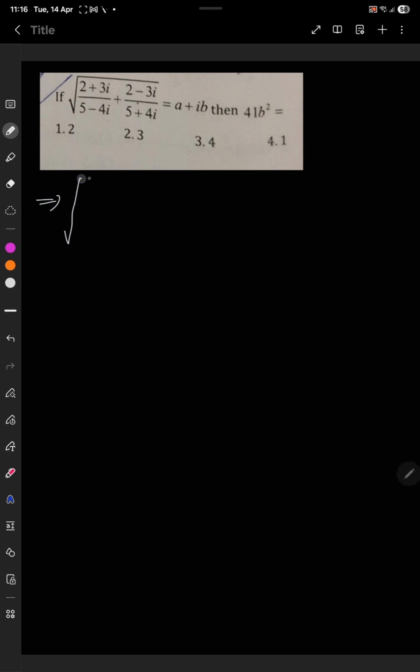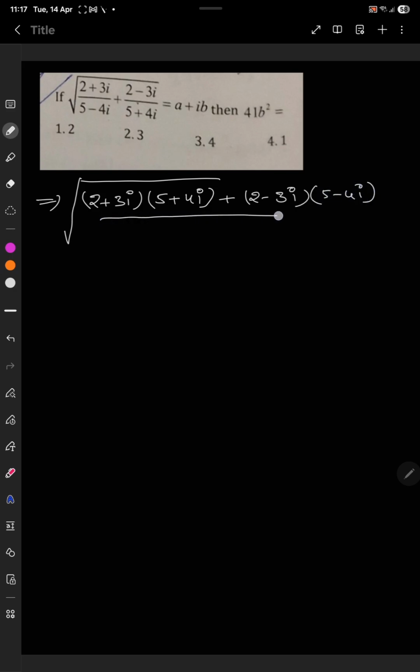So by taking cross multiplication LCM, (2 plus 3i) into (5 plus 4i) plus (2 minus 3i) into (5 minus 4i) by (5 minus 4i) into (5 plus 4i), and that is equal to a plus ib. Okay.